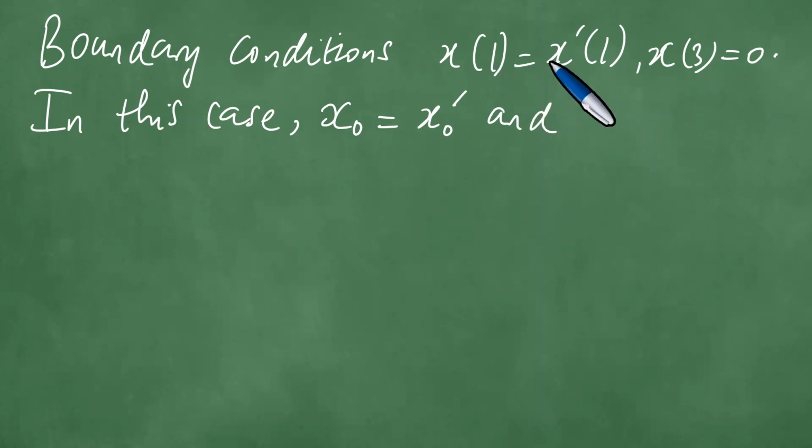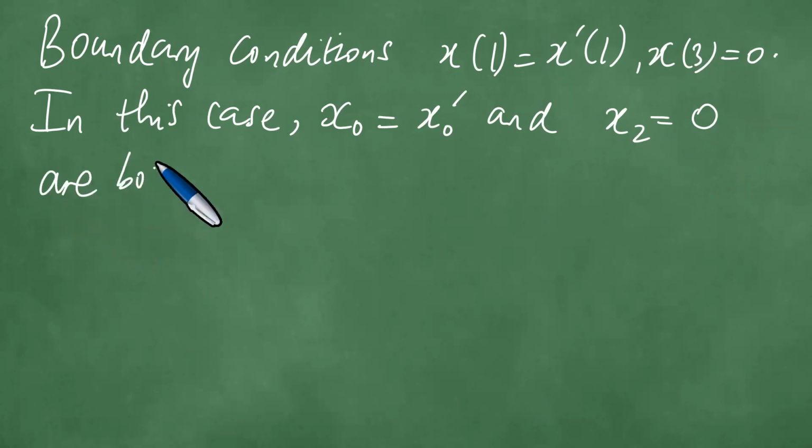X0 is this, x1 is 2, and x2 is 3. So we shall have x2 equals 0. Both are known.